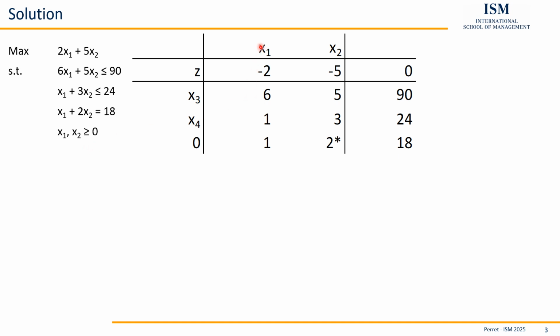I'm going to introduce one column per decision variable, so one for x1, one for x2. And for the objective function, I'm going to insert this first row. Then I'm going to insert one additional row per constraint. For the inequality constraints, the first two, I'm going to introduce two variables which pick up the slack from the inequality.